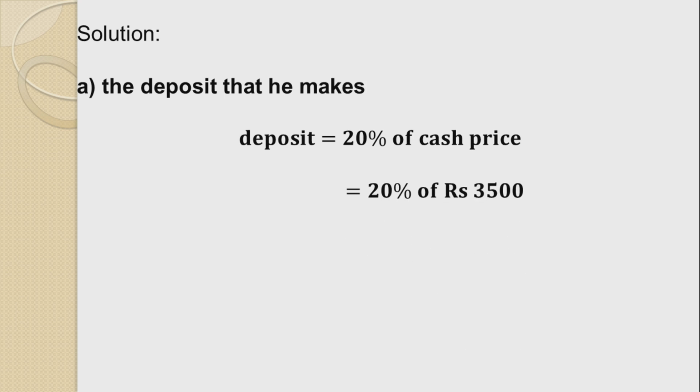That is 20% of 3,500 rupees, which gives 20 over 100 multiplied by 3,500, which gives 20 multiplied by 35, which simplifies to 700 rupees. Therefore, the deposit is 700 rupees.